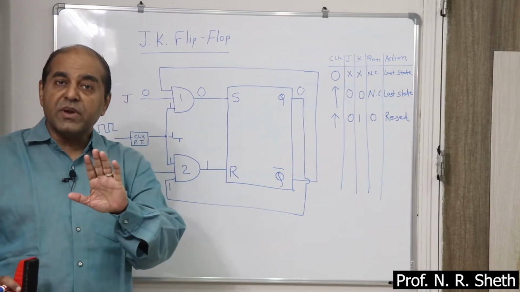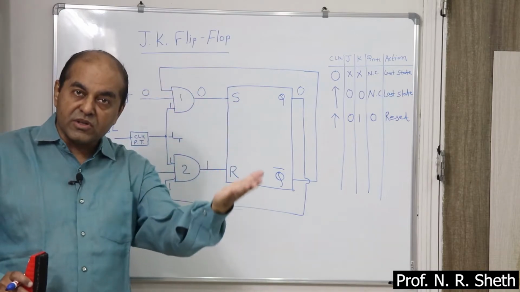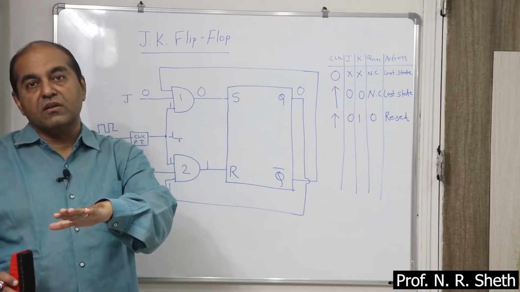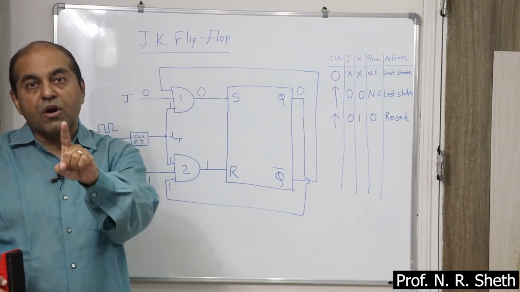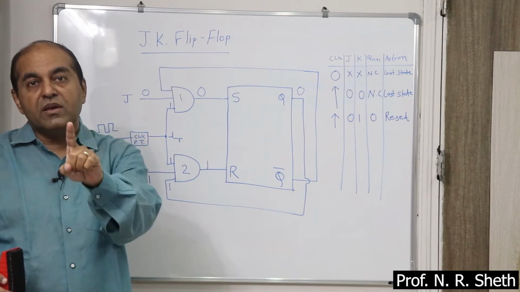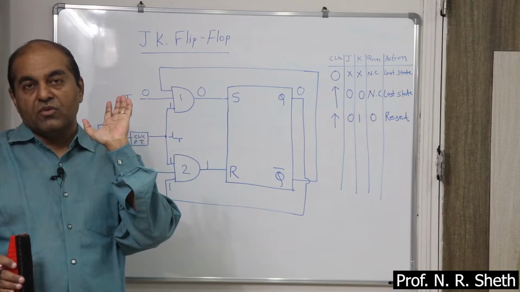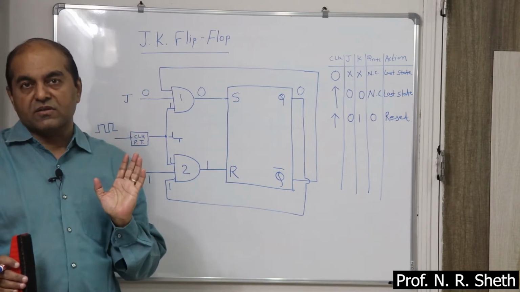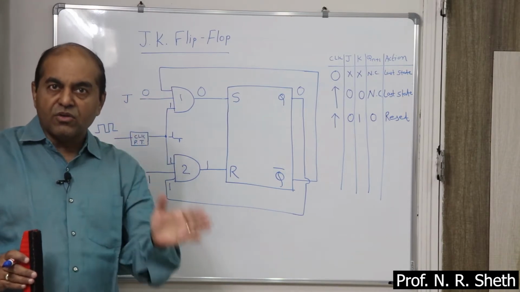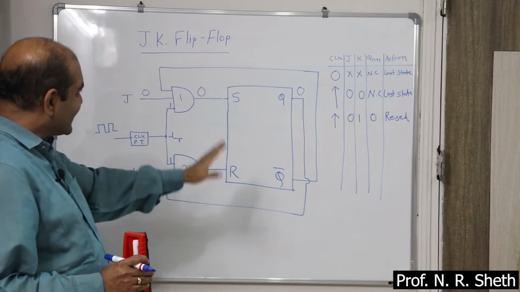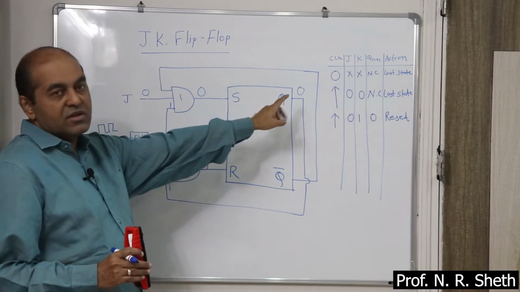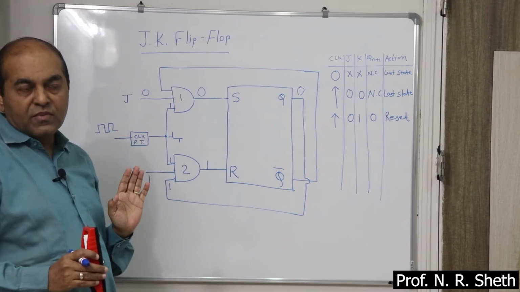So, in the previous stage, either Q is 0 or Q is 1, the flip-flop is in reset mode. Whatever the previous stage is, either 0 or 1, in the next it is 0. Okay.